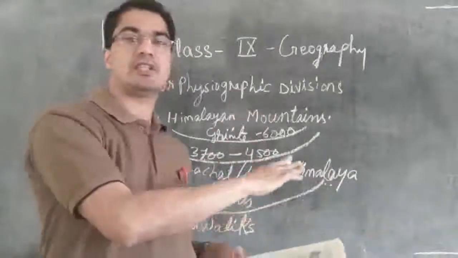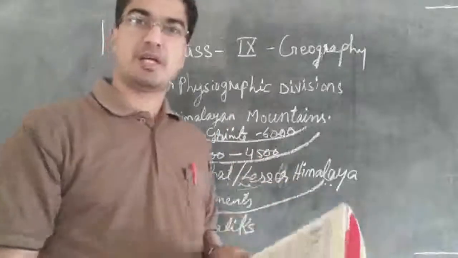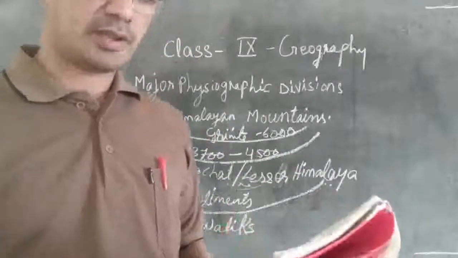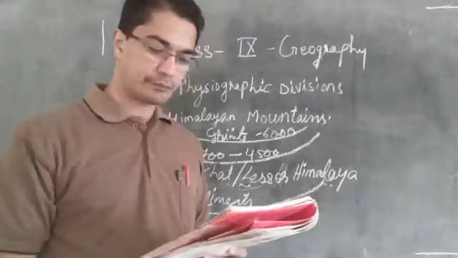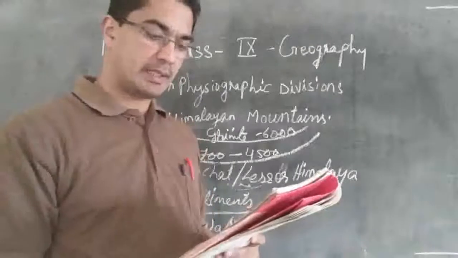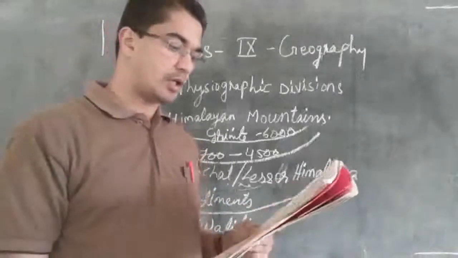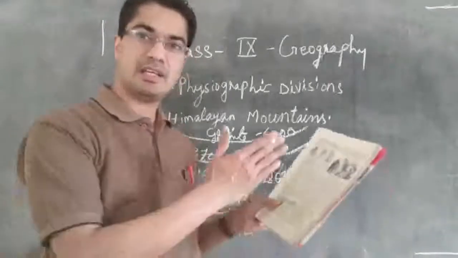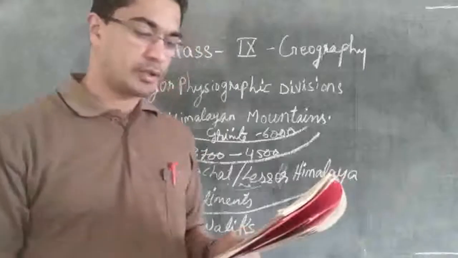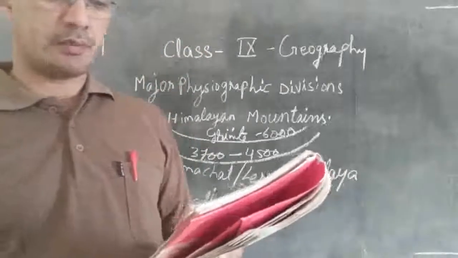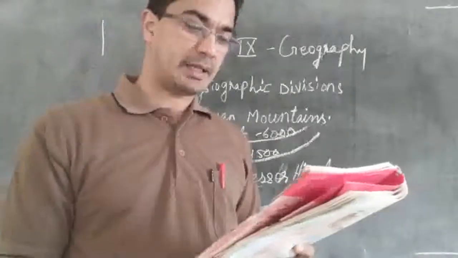And when we come down, it reaches another state called Himachal Pradesh, and there people call it Himachal Himalaya. Then the part of the Himalayas lying between Satluj and Kali rivers is known as Kumaon Himalaya. Then again, as the Himalaya continues, when it is between two rivers, that is between Satluj and the Kali rivers, then people call it by another name.